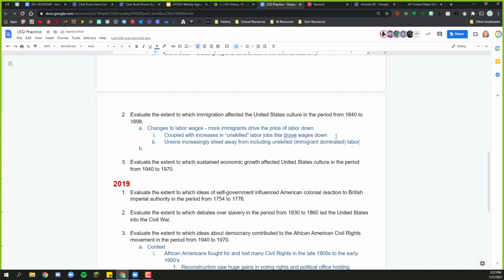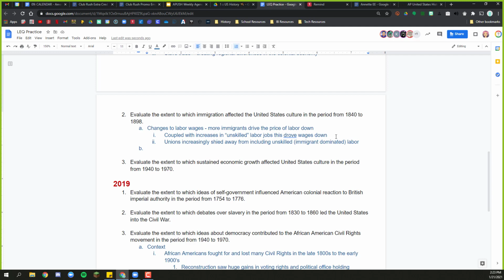I'm doing a little bit more because you asked for the skeleton outline on this one. So these are kind of the points that I would make in here. So one of the things I would focus on is changes in labor wages and this idea that immigrants essentially drive the price of labor down.